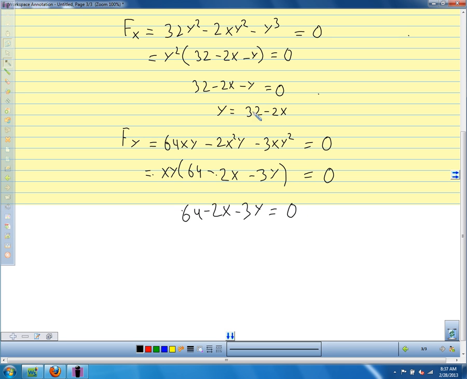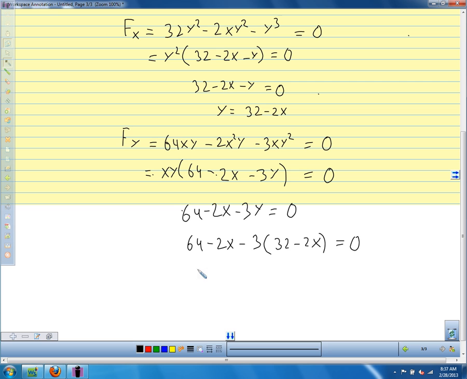From our partial with respect to x, we know that y equals 32 minus 2x. So I'm going to substitute that in here for y. So I get 64 minus 2x minus 3 times 32 minus 2x, and that has to equal 0.